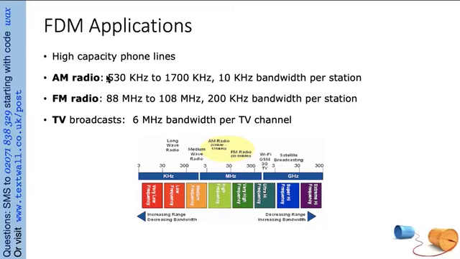As I said, it applies to broadcast like television, radio, and even some high capacity phone lines. And when we speak about the electromagnetic spectrum, we'll speak about the different portions of the electromagnetic spectrum. This is also a form of FDM, where all these different applications, whether it's satellite communications or GPS or Bluetooth and NFC and radio, they're all sharing the electromagnetic spectrum at the same time.